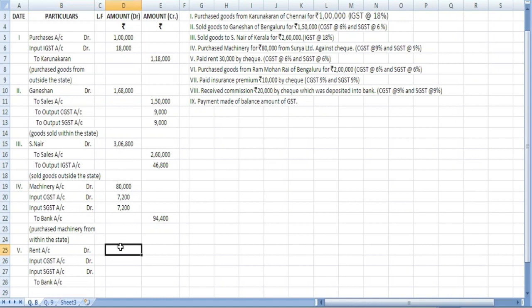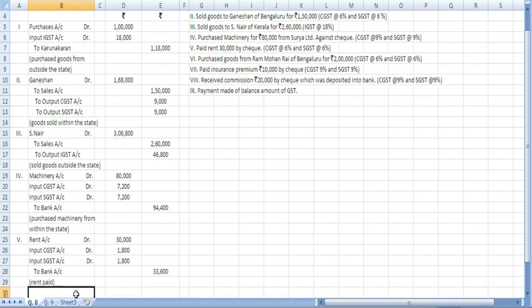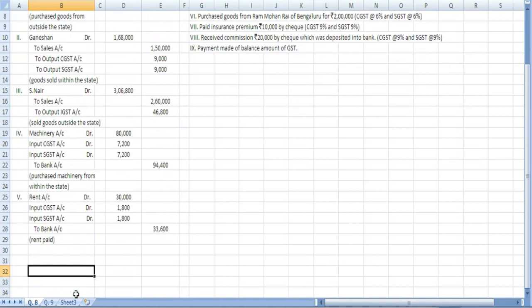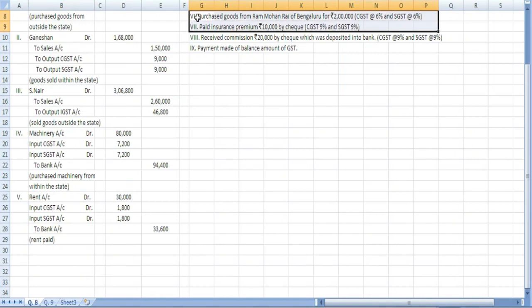Here the rent is 30,000, input CGST, 6% of 30,000, will be 1,800, and here also 1,800, and the total of these three will be 33,600. We'll write the narration: rent paid. Okay, then we have number 6. We'll bring this number 6 down.